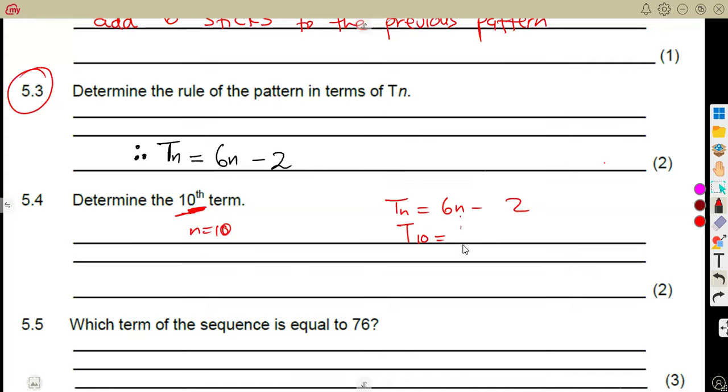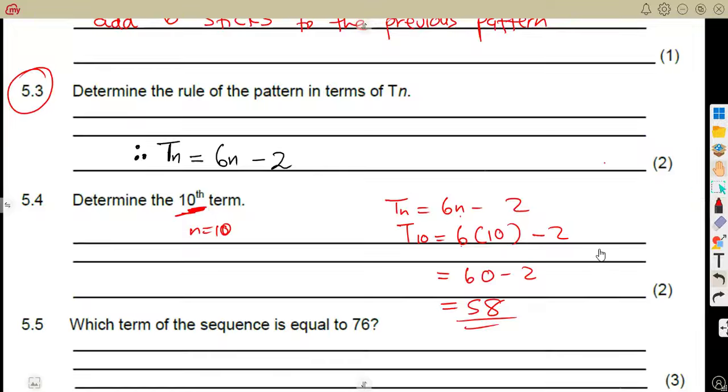In place of n, you put a 10 there. So this is 6 times 10 minus 2. So you simply evaluate or simplify that way, which is going to give us 60 minus 2, which is 58. So that is what we have.